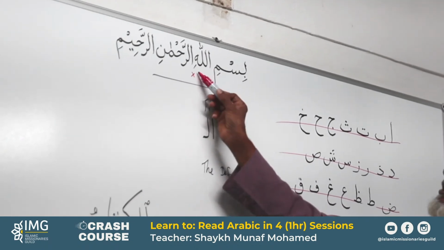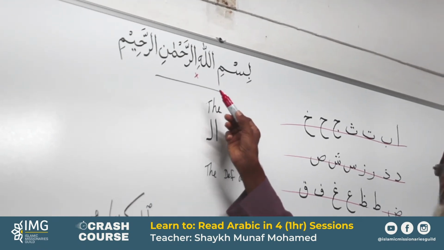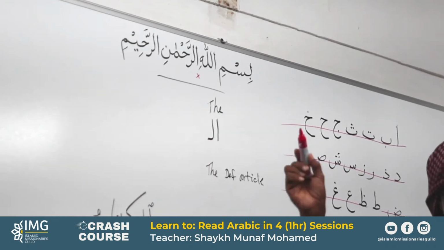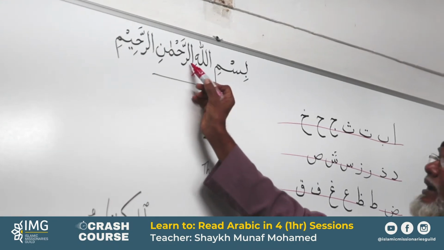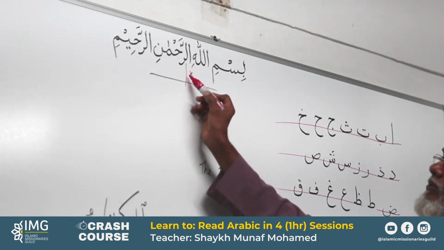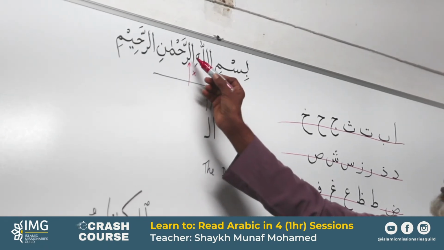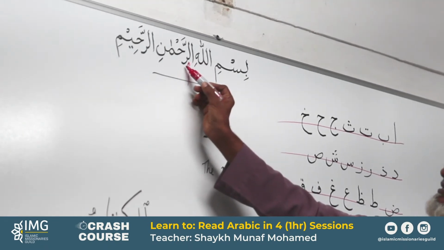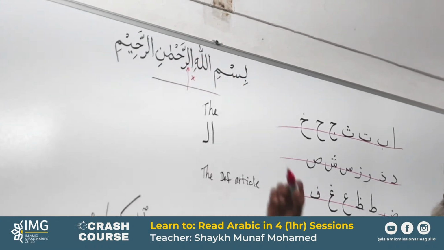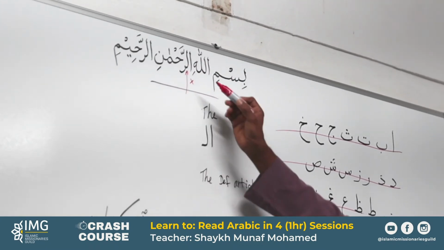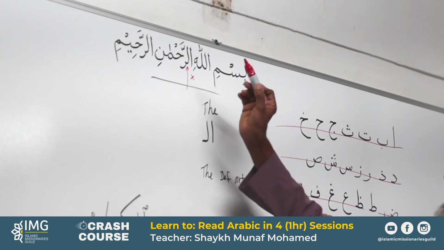Because there is a word before. So you're not pronouncing this alif, you're just moving on. Then we come to the lam. Should I pronounce this lam or not? Look at the next letter. It has a shadda. Okay? So that means the lam is silent.